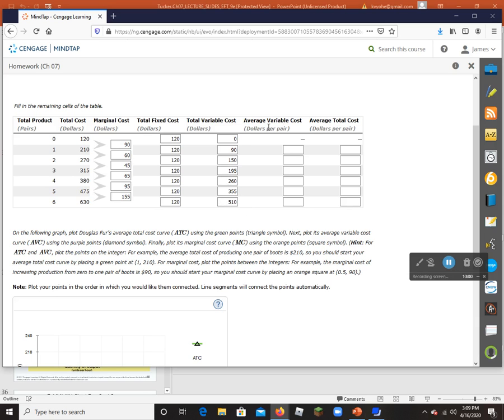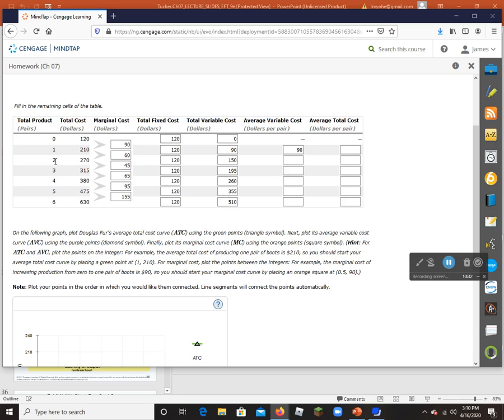Now, average variable cost is the total variable cost divided by the number of units of output, or total product. 90 divided by 1 is $90. So the average variable cost of producing 1 unit of output is 90. If we produce 2 units of output, total variable costs are 150.